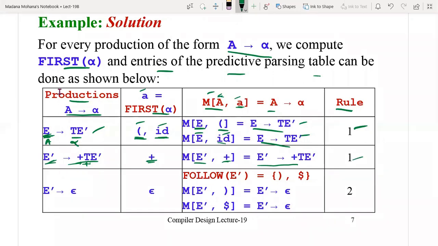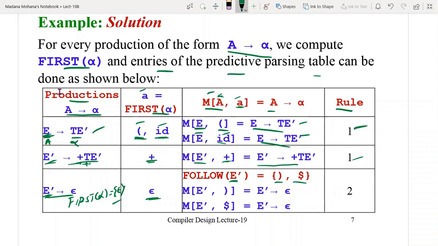So then coming to E dash, it contains another production. E dash derives null. Here you can see first of alpha contains null. So then you can apply rule 2. According to rule 2, what you have to do is find out follow of E dash. From the previous table, follow of E dash equal to right parenthesis comma dollar.